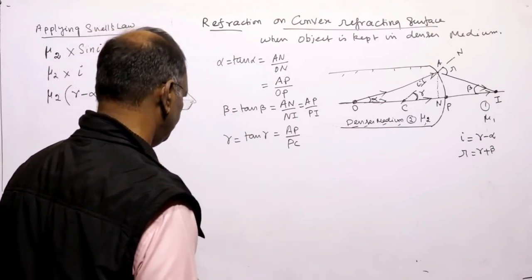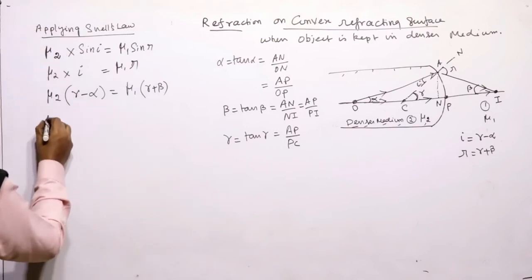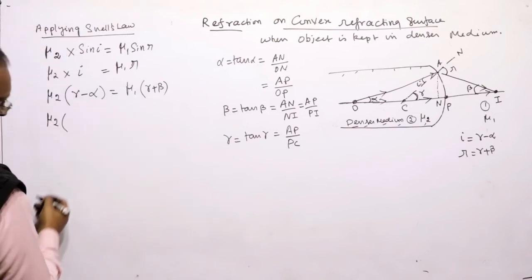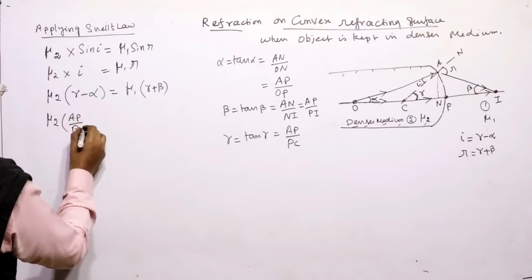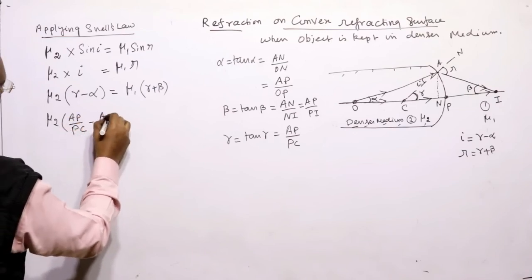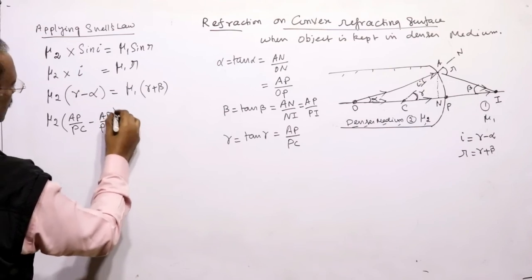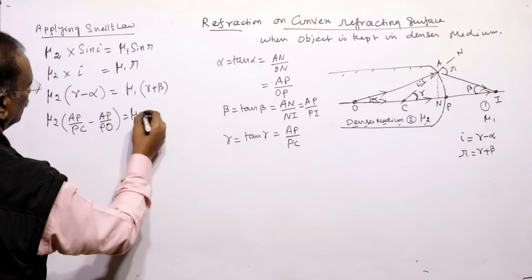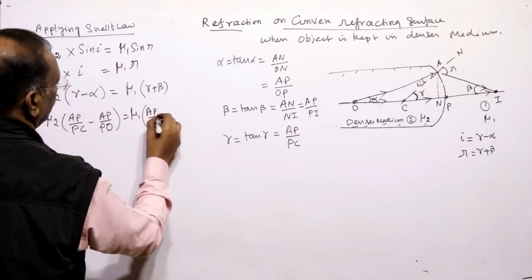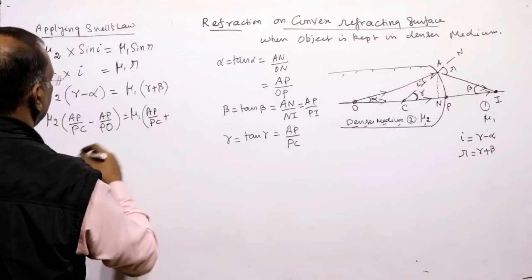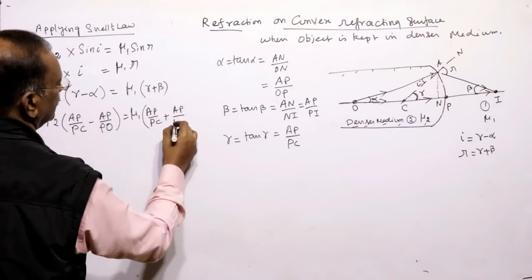Easily you can identify. So we can put alpha, gamma, and beta in the relation: mu2 into gamma minus alpha, AP by PC minus AP by PO, is equal to mu1 into gamma plus beta, AP by PC plus AP by PI.